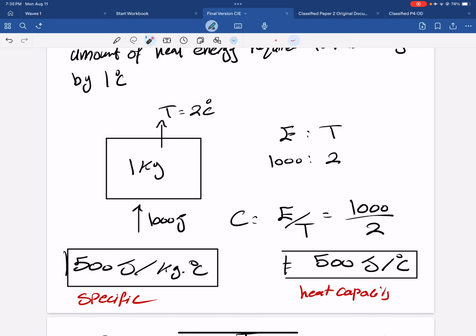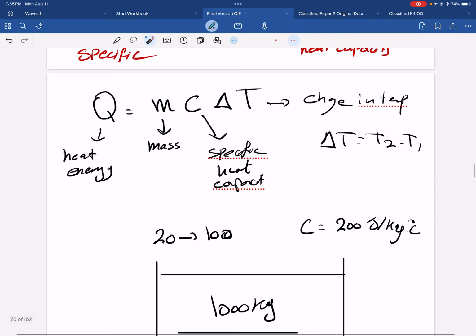So that heat capacity itself is energy divided by temperature change. So 1000 divided by 2 is 500 joules per degree Celsius. Now, if you want to call it specific heat capacity, you just divide by kilograms. So that would be 500 joules per kilogram per degree Celsius. That's one way of looking at it.